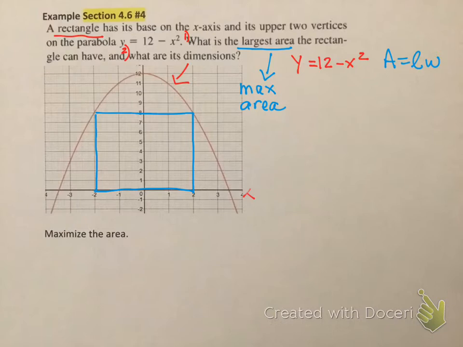So let's do some labeling on my rectangle. Would you guys agree that this distance right here is some y distance? Here's some point on my parabola, and again, here's my parabola, y equals 12 minus x squared. And this distance here would be some x.